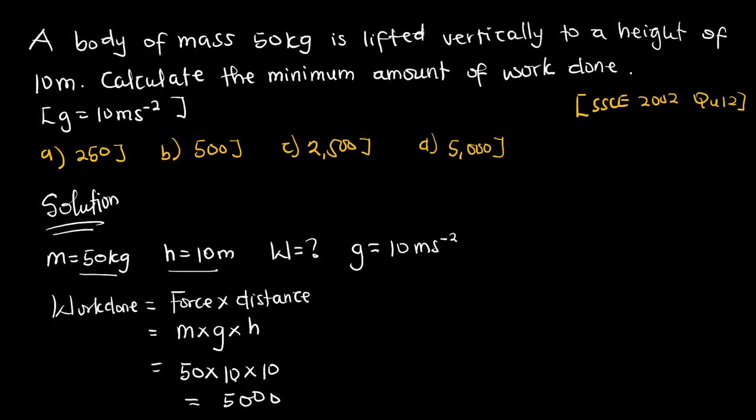So it's 50, then I add the 2 zeros, so it's 5000 joules. So my final answer, or my work done, is equal to 5000 joules. Now, if I look through my possible options, option D is the correct answer for this particular question.